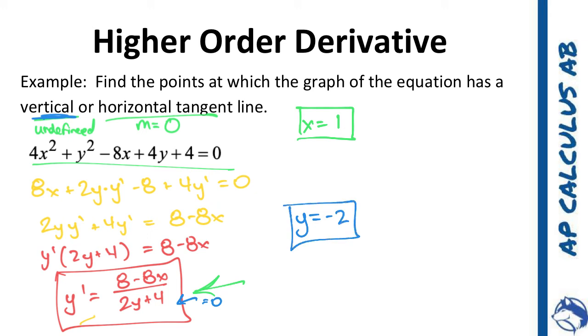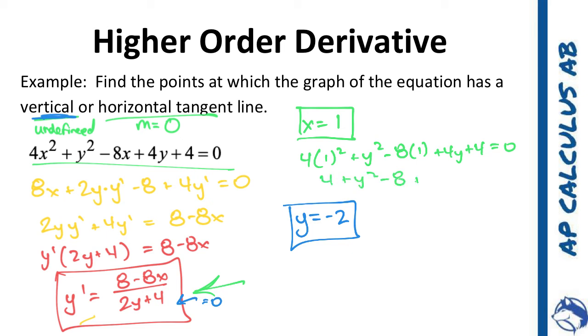So now what I have to do is just plug in these pieces. And when I do that, I'm going to use the original equation. So this is 4 times 1 squared plus y squared minus 8 times 1 plus 4y plus 4, and that's equal to 0. Well, this is just a 4.